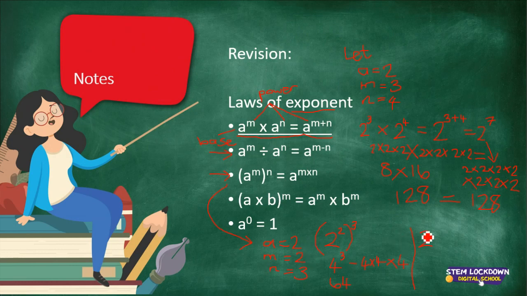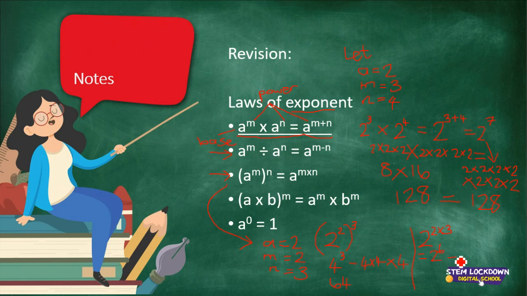So to the power 2 times, what is our n? Our n is 3. So times 3. Now, learners, what is 2 times 3? Obviously, 2 times 3 is 6. 2, 4, 6. So this is 2 to the power 6, right?